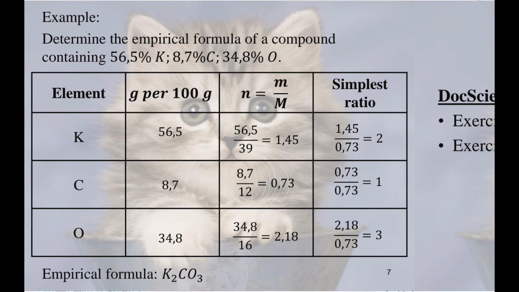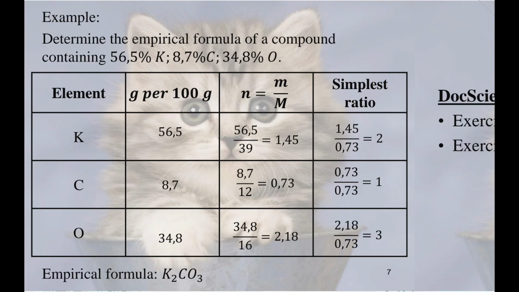Look at this example. Determine the empirical formula of a compound containing 56.5% potassium, 8.7% carbon, and 34.8% oxygen.